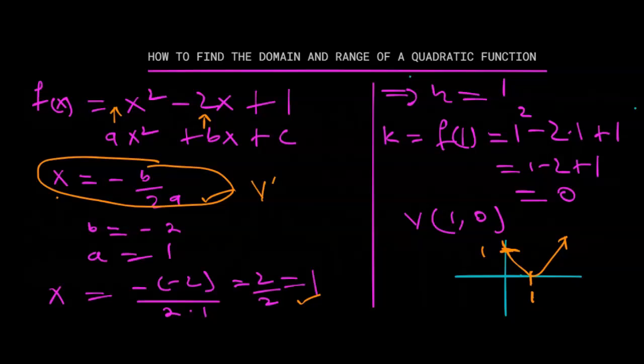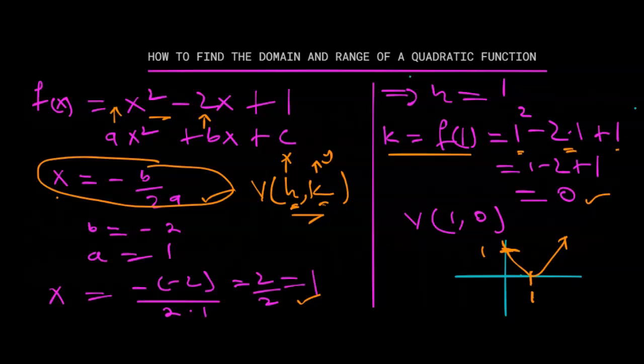Remember, our vertex was given as h and k. Now this one stands for the y component of the vertex, and that is the x. And in every ordered pair equation, once you get x, when you put it back into the equation, you can get your y. And so what we do is that we put h equals 1 back into the function. And so f of 1 becomes 1 squared minus 2 times 1 plus 1, which is 0. Now what it means is that our vertex is 1 and 0.